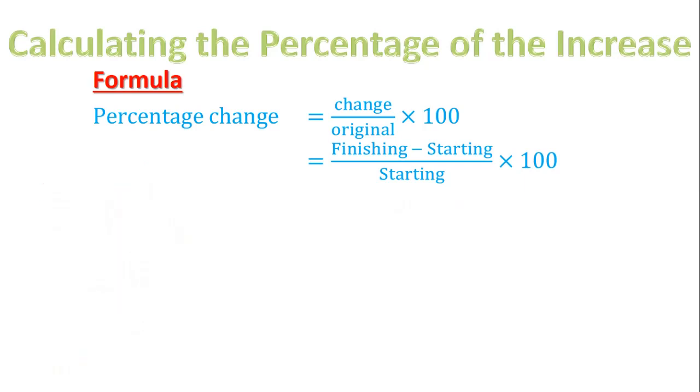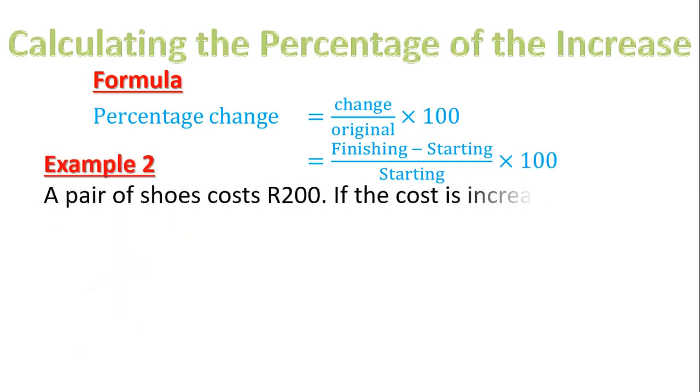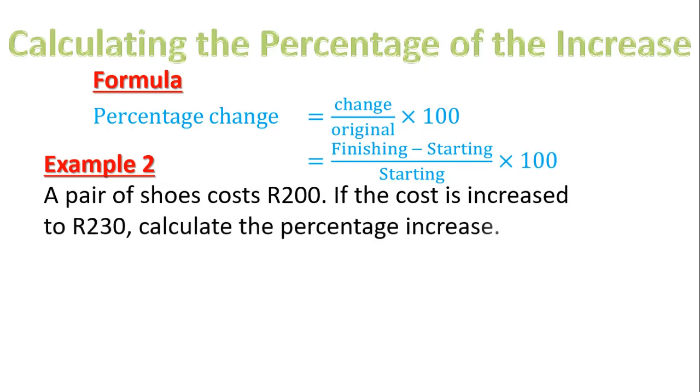Alright, let's look at another example. Example 2. A pair of shoes costs 200 Rand. If the cost is increased to 230, calculate the percentage increase. Alright, so we're asking for percentage increase, and so we use our formula. Finishing minus starting over starting times by 100. Let's fill in the different variables.